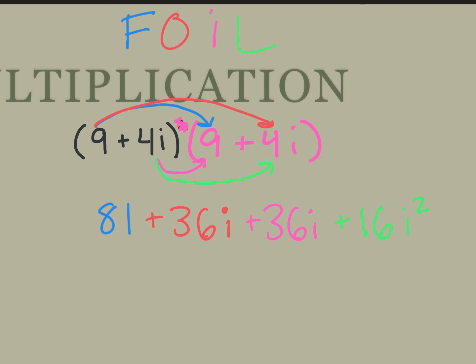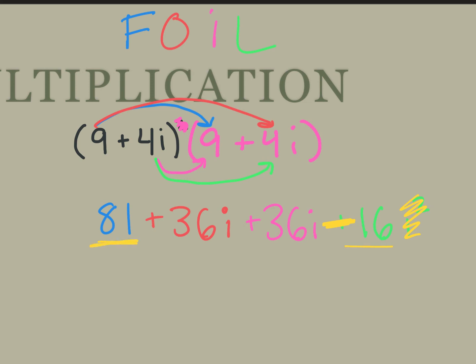What should I do next? Awesome. So the i squared turns into -1. So what does the 16 turn into? -16. So I just changed the sign of whatever that is. What do I do next? Combine like terms.